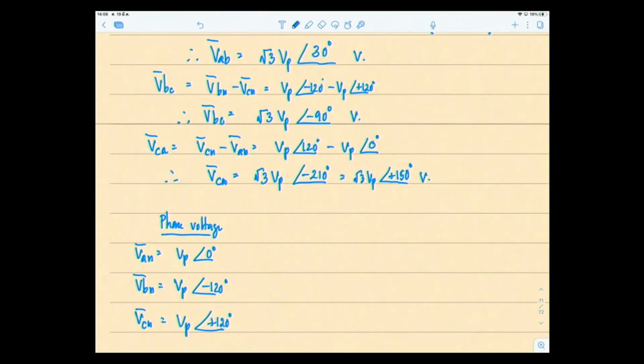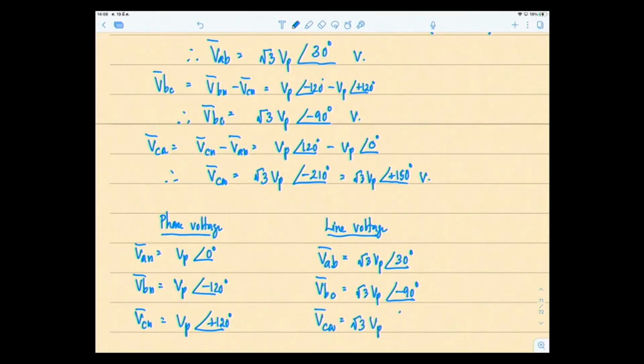Compare that to the line voltages you calculated: VAB is equal to root 3 V phase at 30 degrees, VBC is root 3 V phase at minus 90 degrees, and VCA is equal to root 3 V phase at plus 150 degrees.